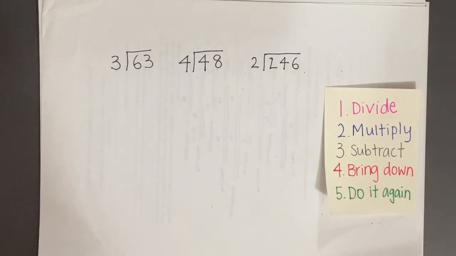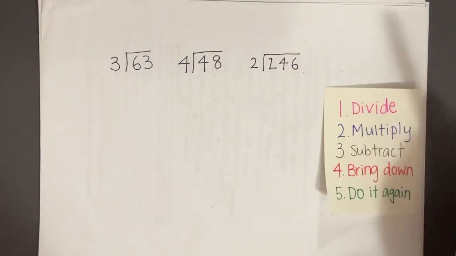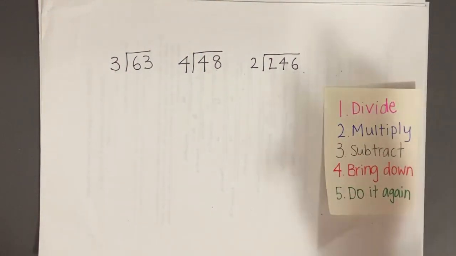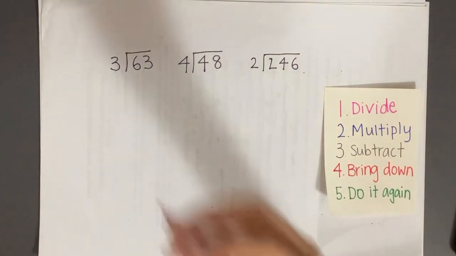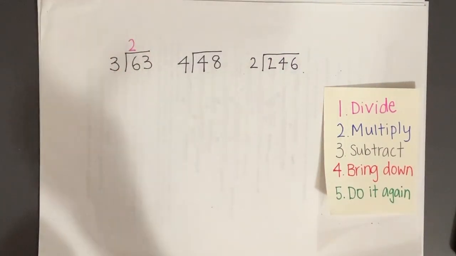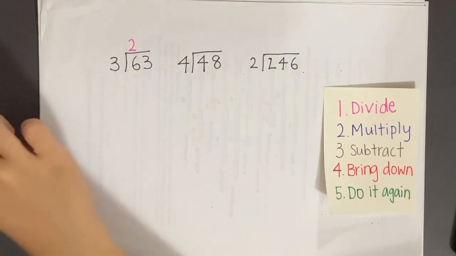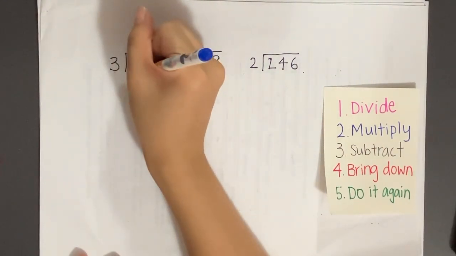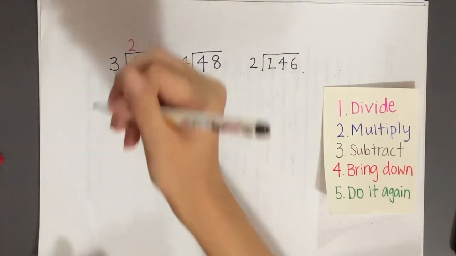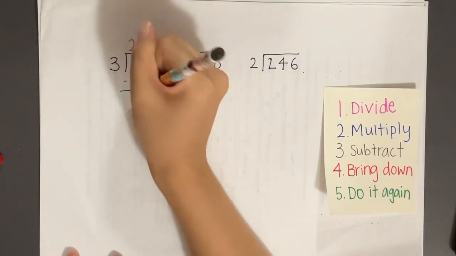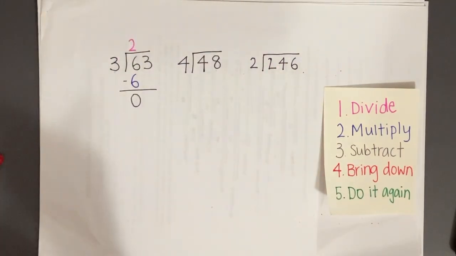Okay, so now let's go through the answers for each of them. Firstly, 63 divided by 3. I'm going to do this quickly as we've already gone through the steps just now. So first, I take 6 divided by 3, I get 2. Then I take 3 times 2, which gives me 6. I subtract, which gives me 0. And then I bring it down.